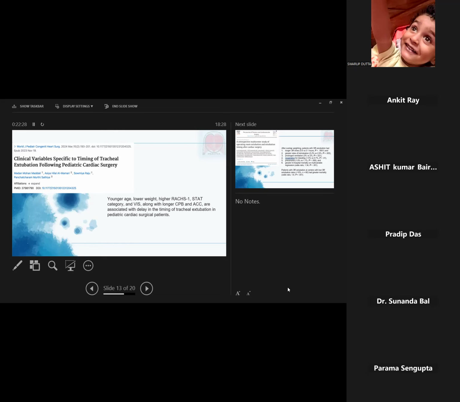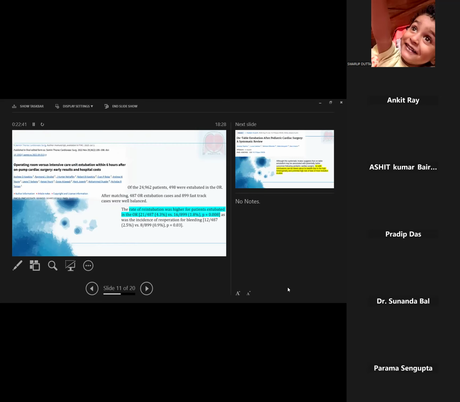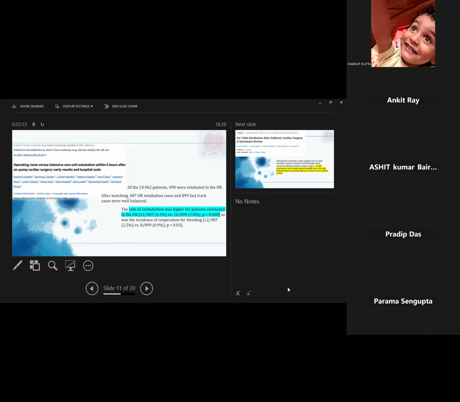So we used to do ultra fast tracking: we wait for the 2 hours to watch for any complications like bleeding. If there is no bleeding and the patient is stable without any significant hemoglobin drops, we go with the extubation. I think this has to be the essence of endoscopic or robotic cardiac surgeries, from fast tracking to ultra fast tracking.